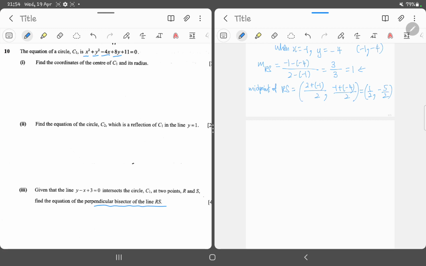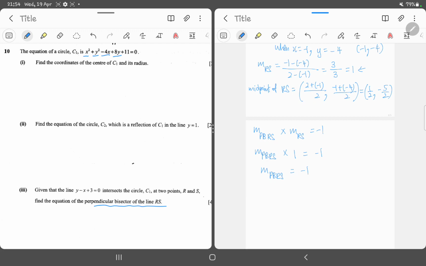So in case I'm going too fast, the gradient of the perpendicular bisector of RS times the gradient of the line RS is equals to minus 1. And we know that the gradient of RS is 1. So this means that the gradient of the perpendicular bisector of RS equals to minus 1.